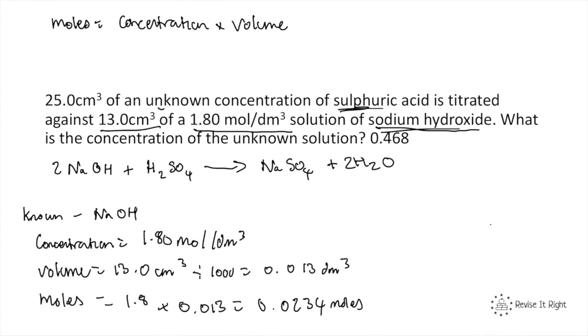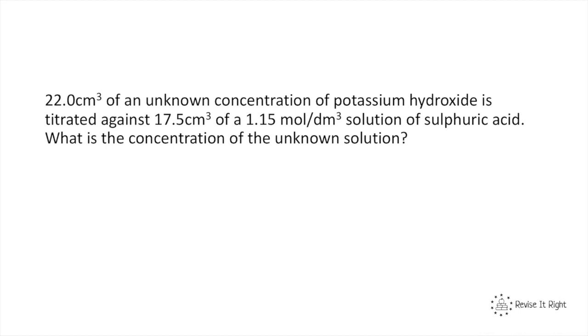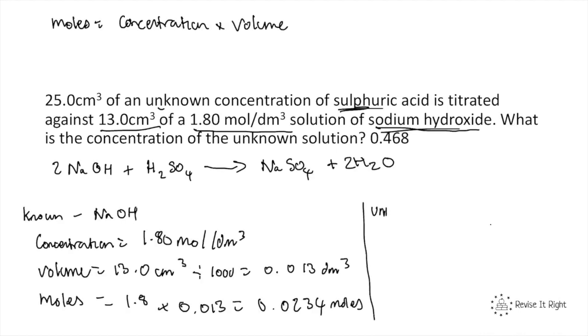Now we need to split our page and write our unknown. The unknown is sulfuric acid, H2SO4. That's what we're trying to work out the concentration for. It's an unknown concentration, so we're going to write concentration, and next to that a question mark, because that's unknown.